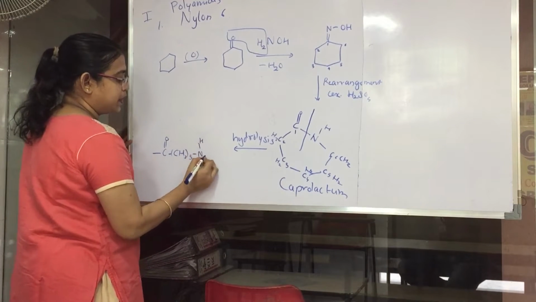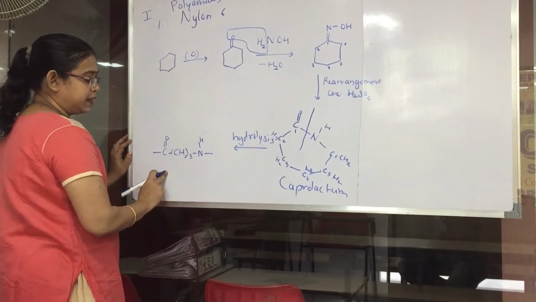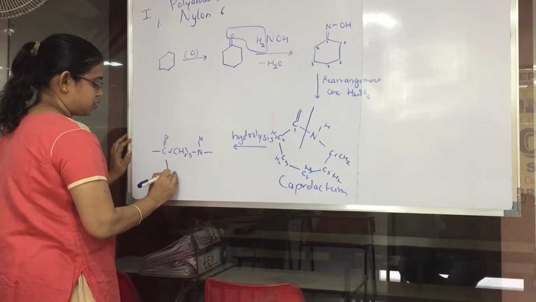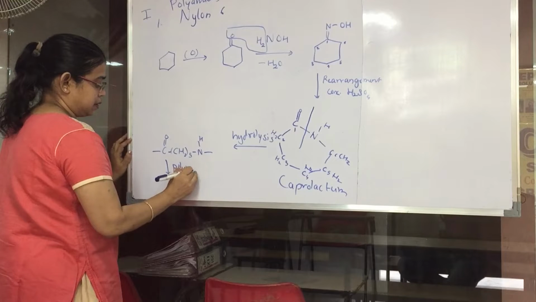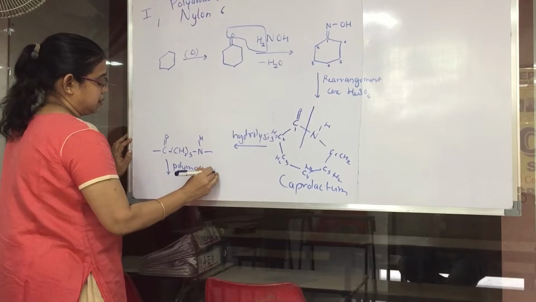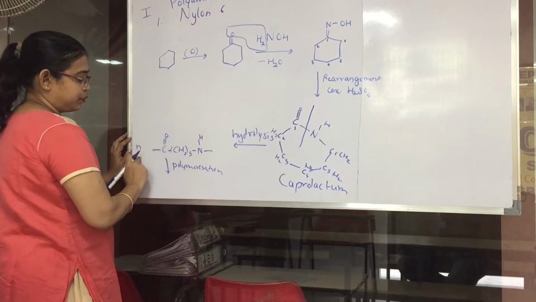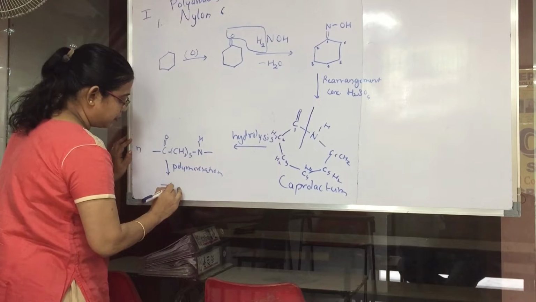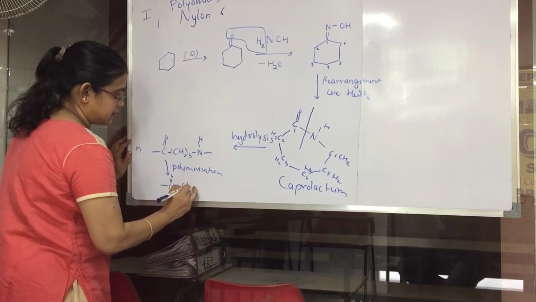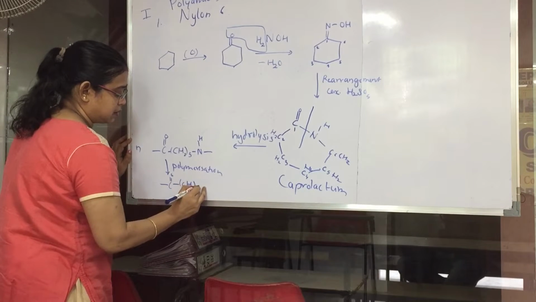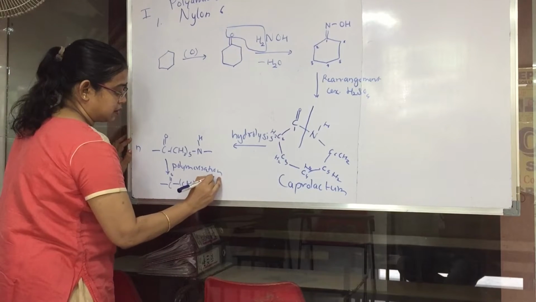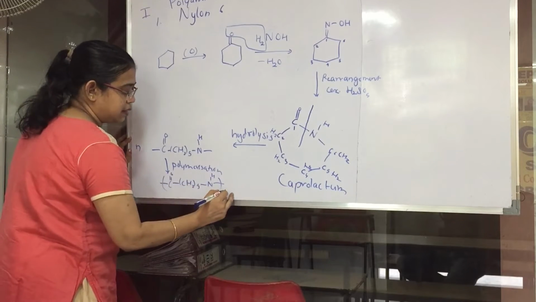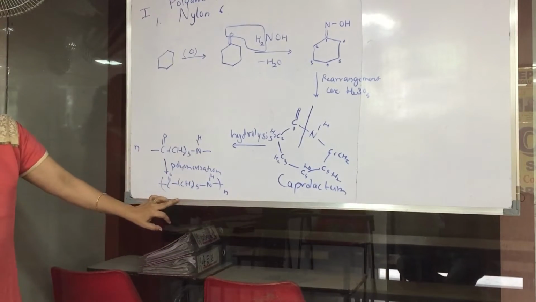So this is our opened up caprolactam ring, and this on polymerization, that is, we are using n number of caprolactam open chains, this will form the polymer, which is nylon 6. So this is a nylon 6 polymer.